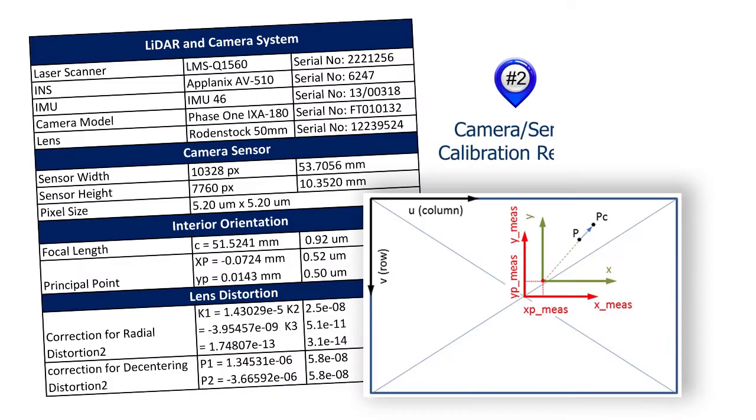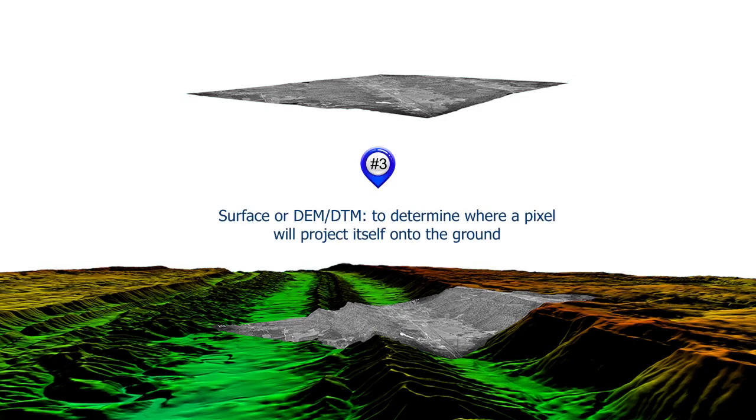You also need calibration information for the lens and sensor so that the pixels within an image, that's a 2D unprocessed image, can be projected to a spot on the ground with a given angle. And you need the surface to determine the location on the ground to figure out exactly where that angular pixel projects itself to on the ground. That way your orthoimagery is geospatially correct.